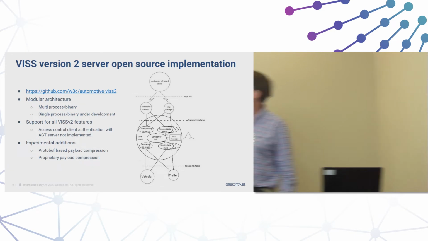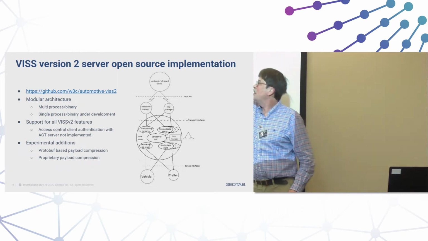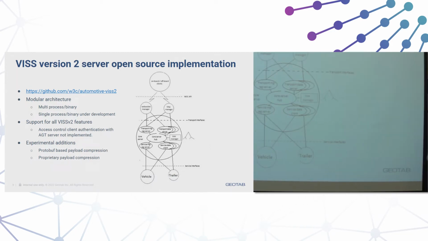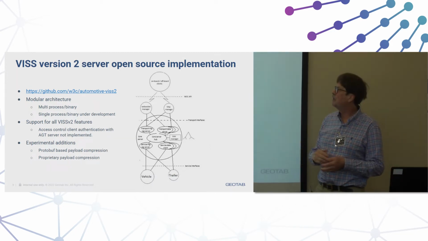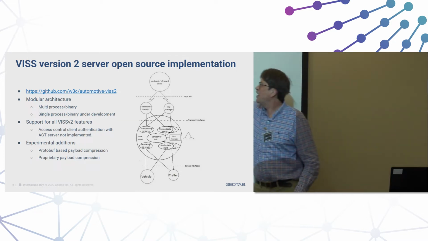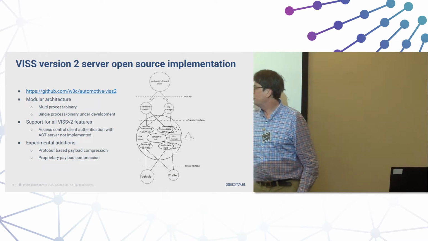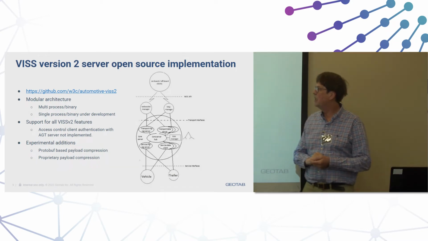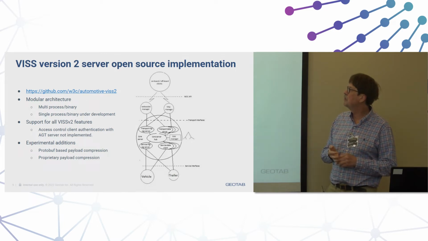In this implementation, every one of these different blobs here is implemented as its own binary, its own program. And the communication in between is WebSocket, so they don't even have to reside on the same SoC, on the same processor.